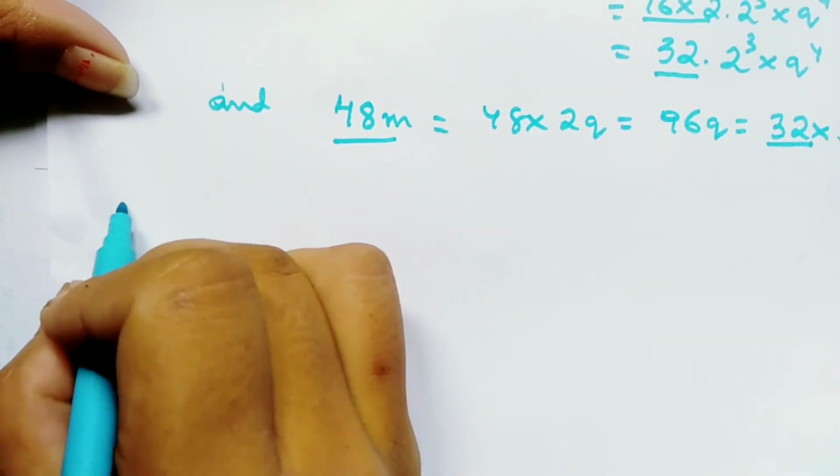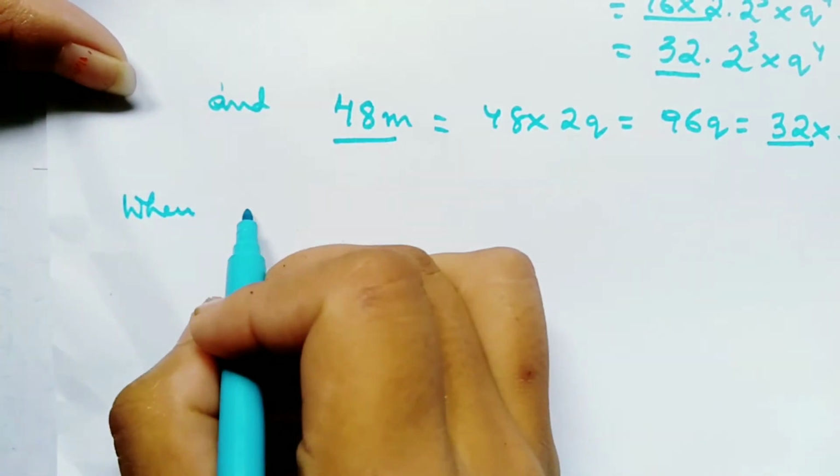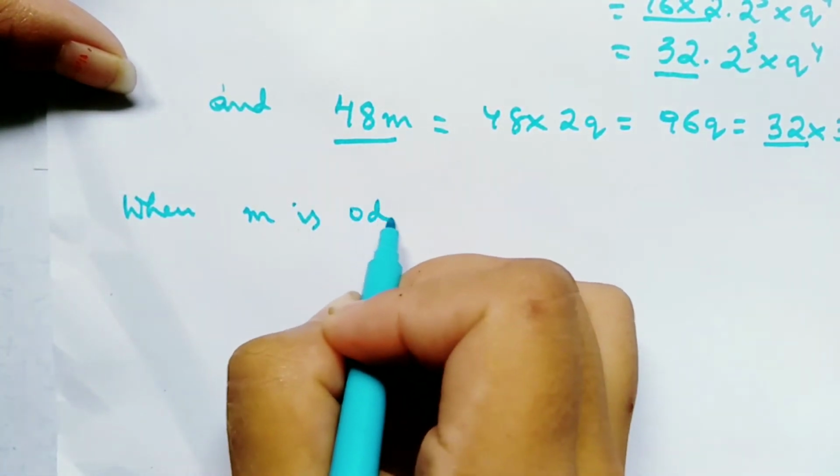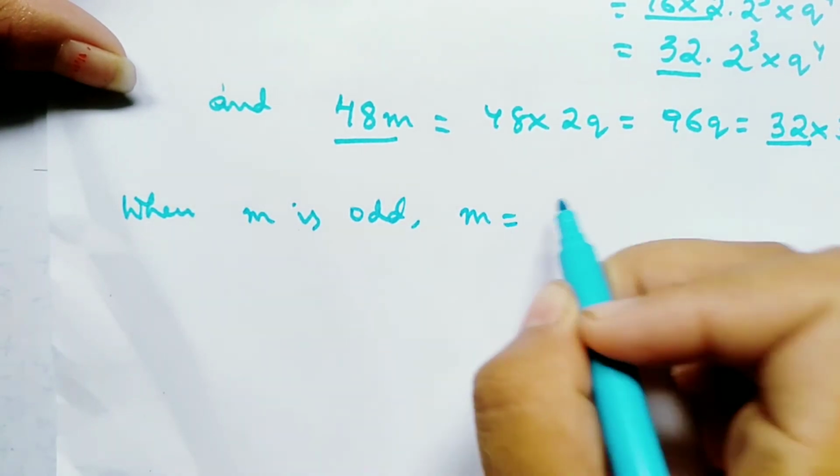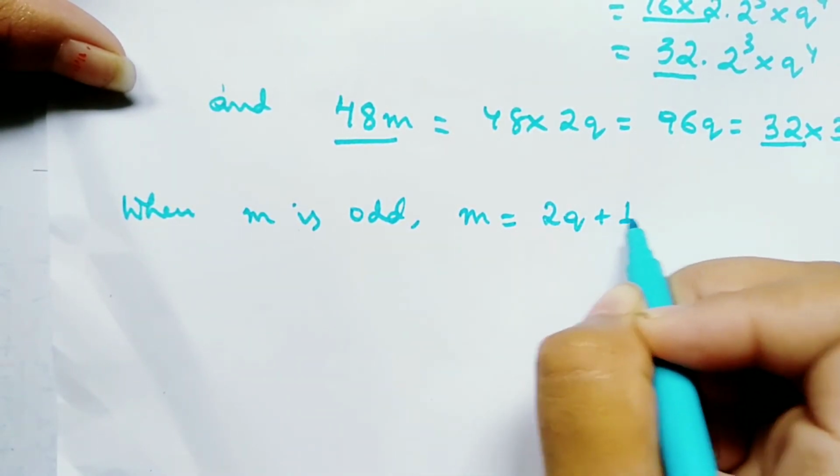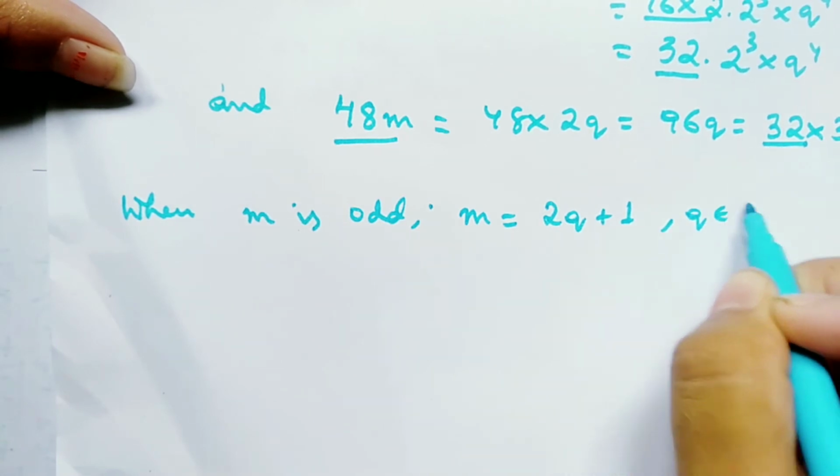When m is odd, m is written as 2q + 1, where q is an integer.